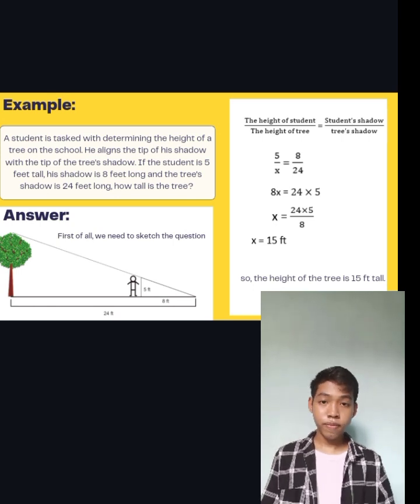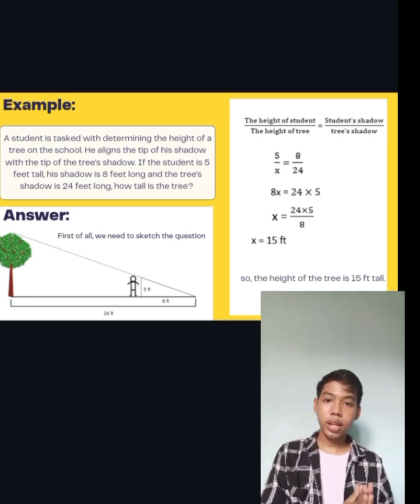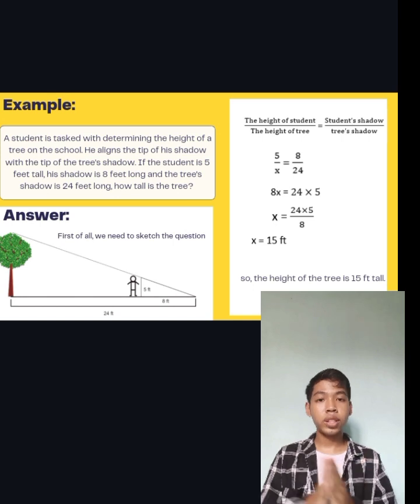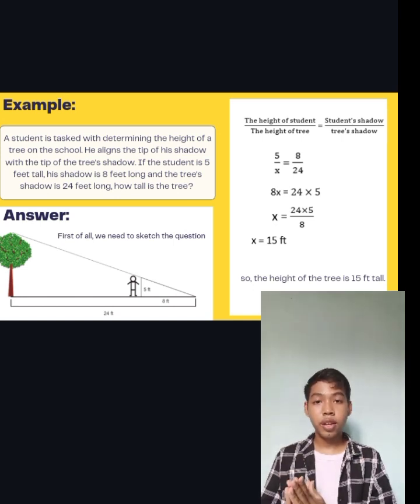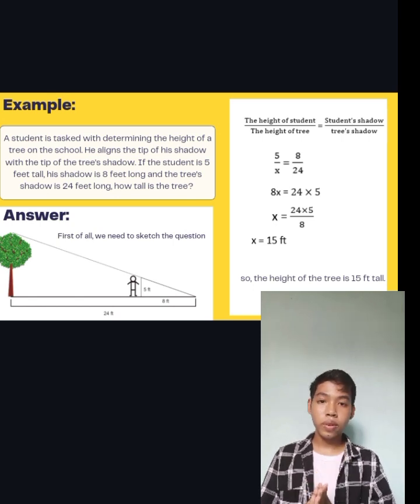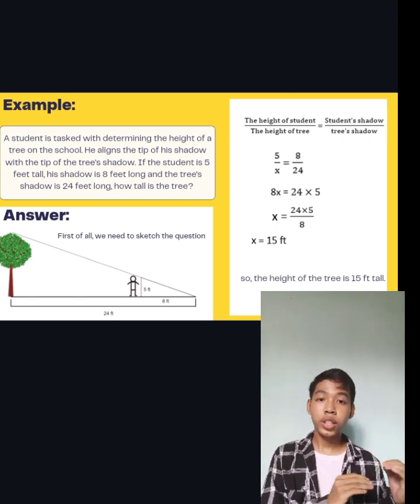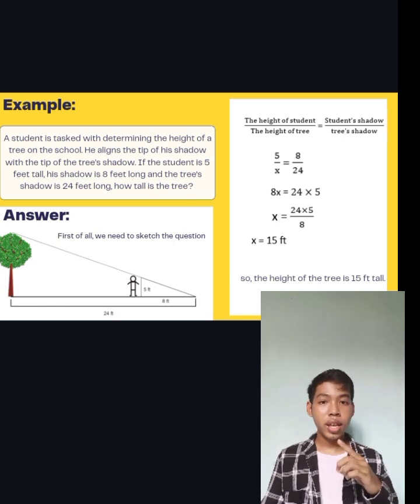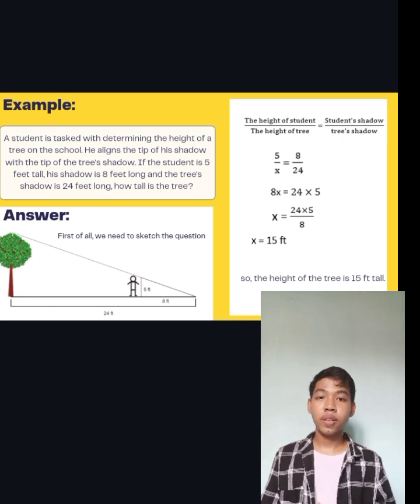So the student's triangle is similar to the tree's triangle because it's inside the tree's triangle, and also when we resize the student's triangle, it can be congruent with the tree's triangle.